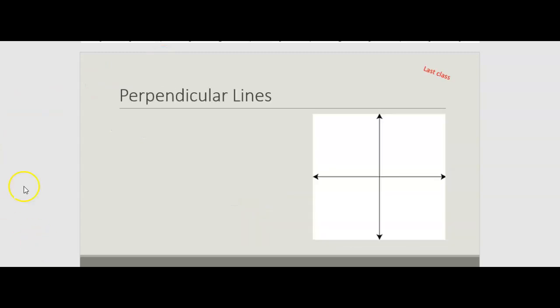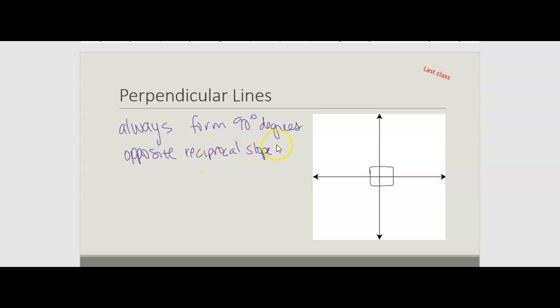And our last topic from last class are perpendicular lines. These always form 90-degree angles. And it looks like 90 degrees, doesn't it? But we know that unless we're told it's 90 degrees or we're told they're perpendicular, we don't really know. And they have opposite reciprocal slopes. And let's remember what that means.